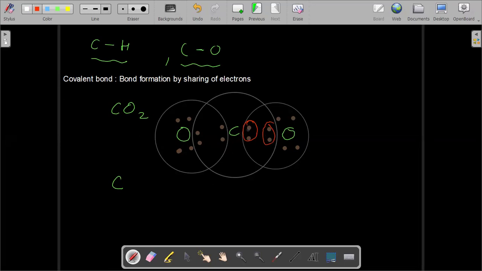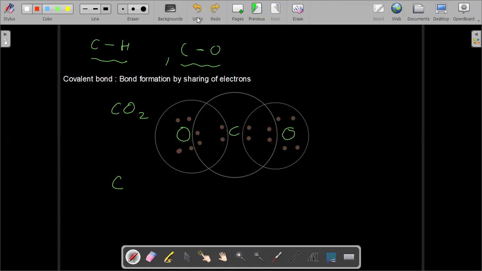If you are ready to accept two electrons from carbon as a share, you also are ready to donate two electrons as a share. This is how covalent bond formation works. So if carbon is providing two electrons to this oxygen, this oxygen will also provide two of its electrons as a share, and hence the valency of all of them is satisfied.